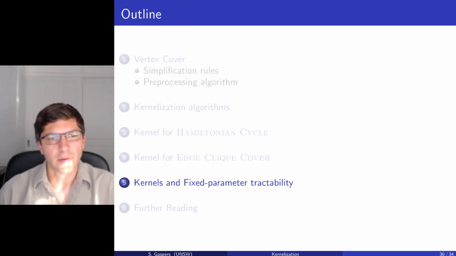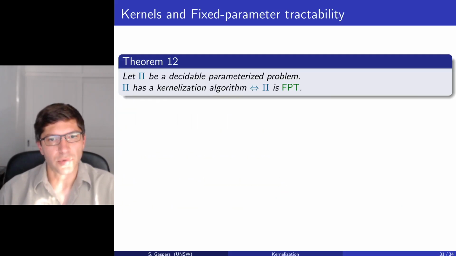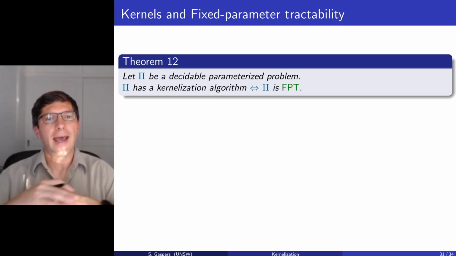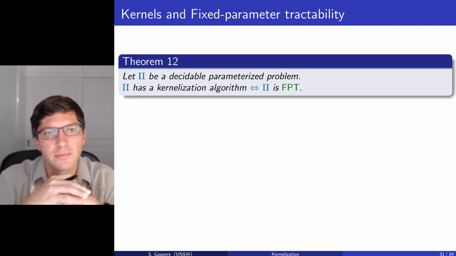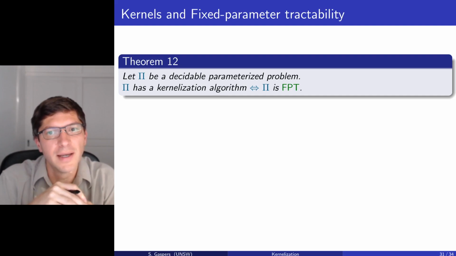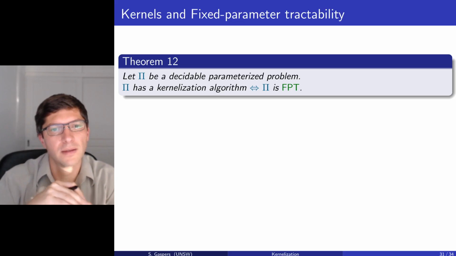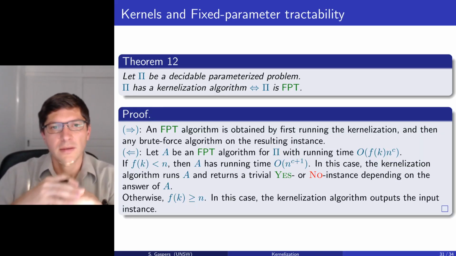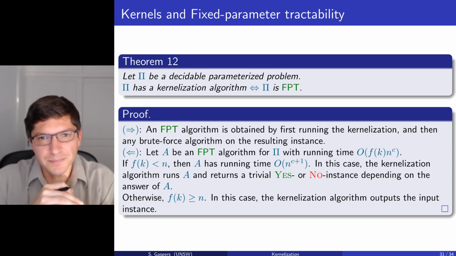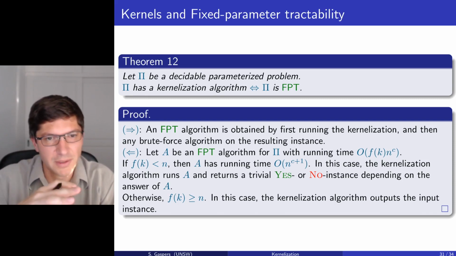This is actually a more general property. If we look at any decidable parameterized problem, then the problem has a kernelization algorithm if and only if it is FPT. For the first direction, we do exactly what we did now.